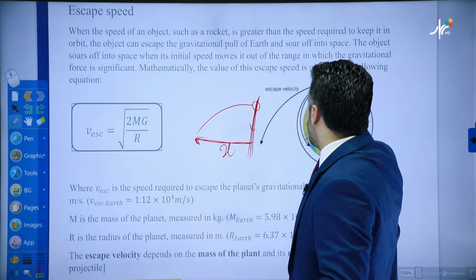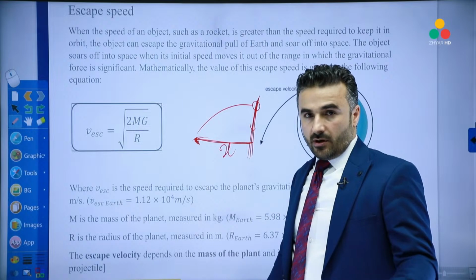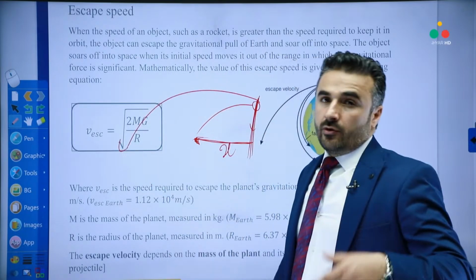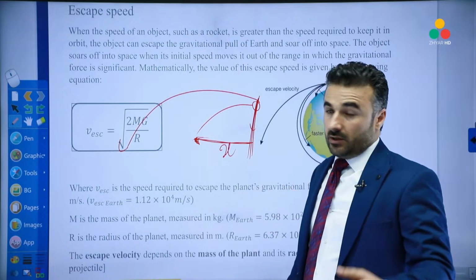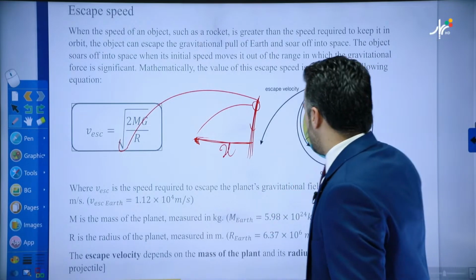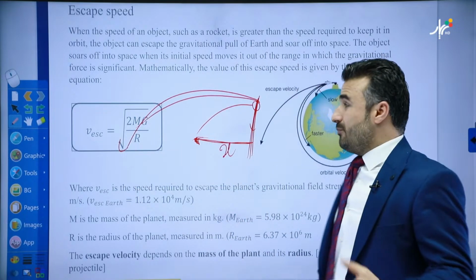But the point is this. What happens if we fire the cannonball with a certain speed? After some time, it falls to the ground. What happens if we increase the speed? Of course, it will cover a larger distance, but eventually it will fall down. What if the speed is big enough?